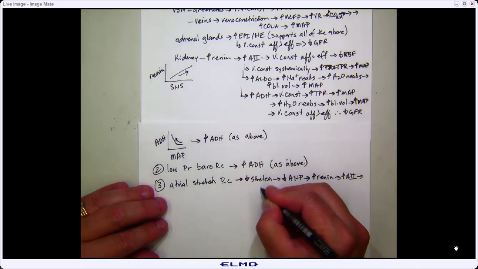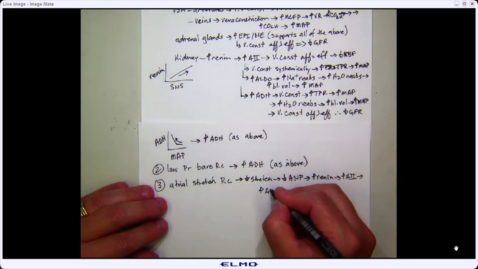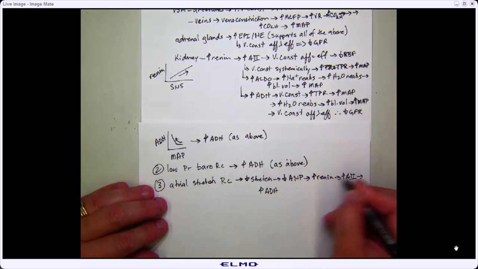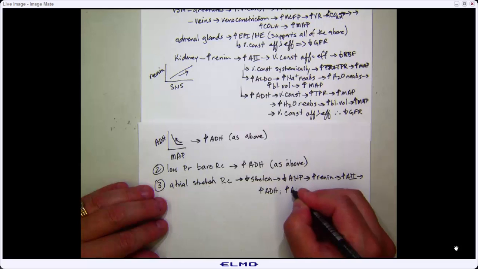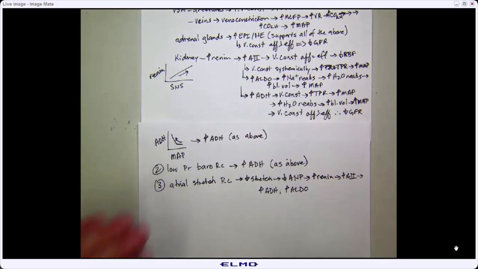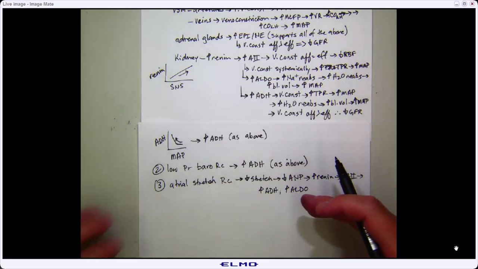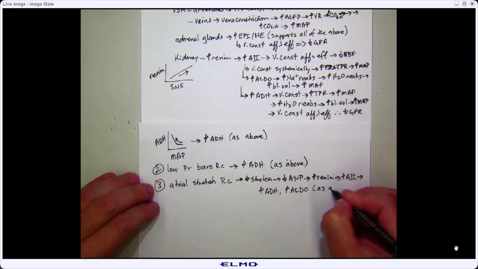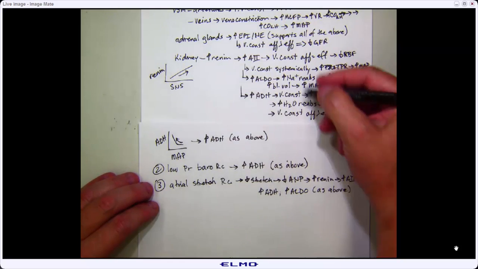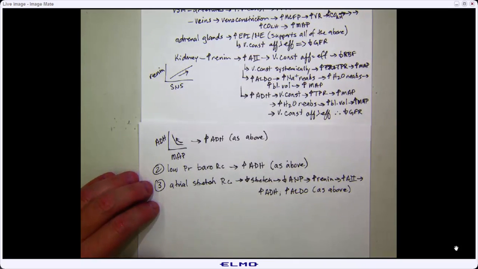That's going to result in an increase in ADH, because angiotensin II stimulates the production of ADH, and angiotensin II also stimulates the production of aldosterone. Okay, so good. So really once all those are out, we kind of just repeat all the thinking that we've done above.